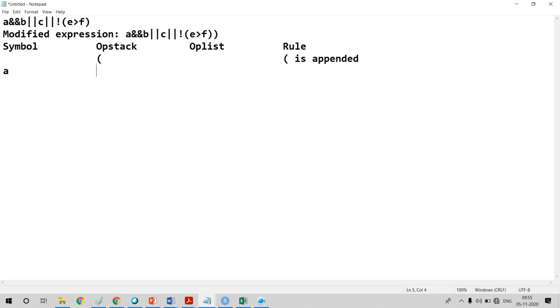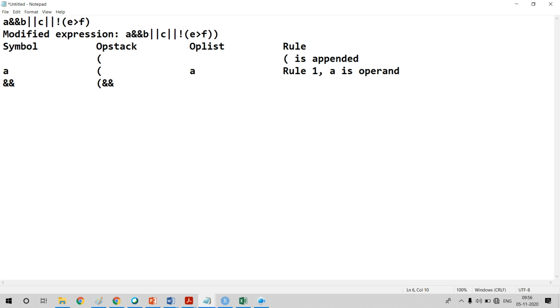In this expression, the first symbol is A. As per rule number 1, if the token is an operand, add that at the end of the OP list. As the OP list is empty, that symbol is added to the OP list as per rule number 1 because A is an operand. The next symbol is logical AND operation. Right now we don't have any operator on the stack, so no need to pop any symbol from the OP stack.